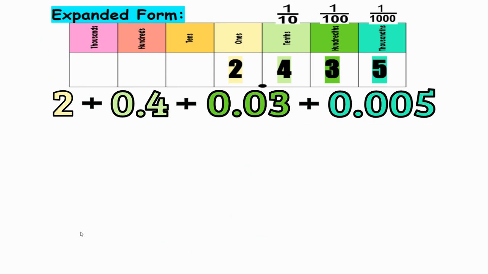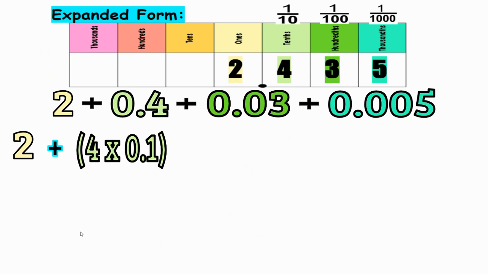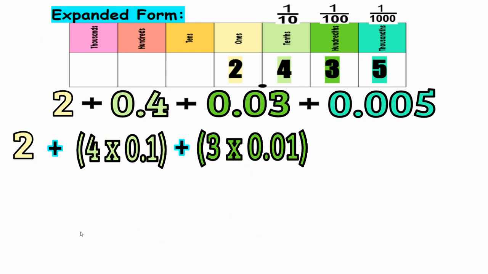can be written as an expanded form using decimals. Okay, we know that we can also represent this as 2 plus 4 times 1/10. Okay, that means that we have 4 tenths in this number. Okay, we also know that we have 3 hundredths in this number, so we can represent that by 3 times 1/100th.